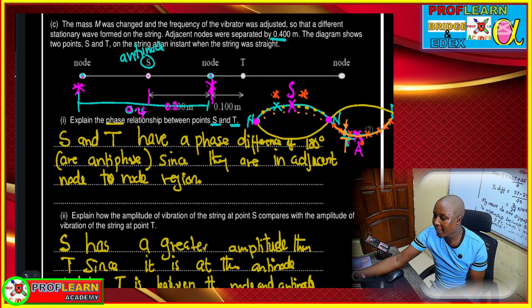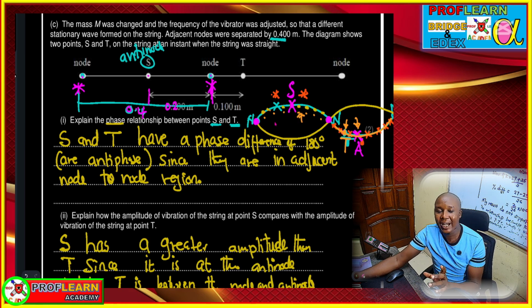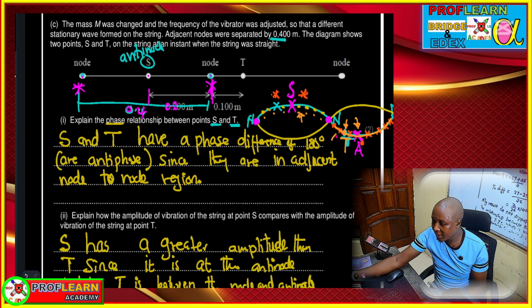But if you are comparing a point in this region and a point on the other region, those two points are exactly out of phase, they are antiphase, or they have a phase difference of 180. So a point at this given point and a point somewhere here or somewhere here, they have a phase difference of 180.